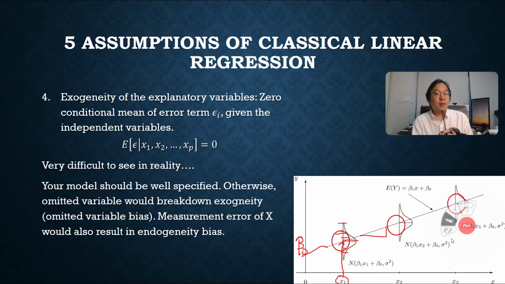But measurement error of x, for example, that leverage ratio, okay, should it be a book value based leverage ratio or market value based leverage ratio? Shouldn't it reflect the market information up to date? That might be a good idea, but the trouble is market value of debt.